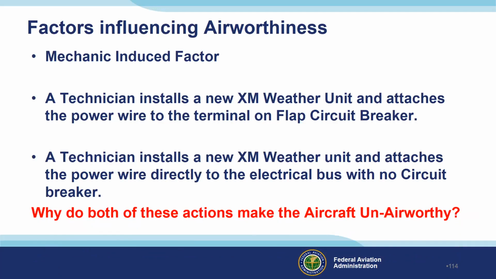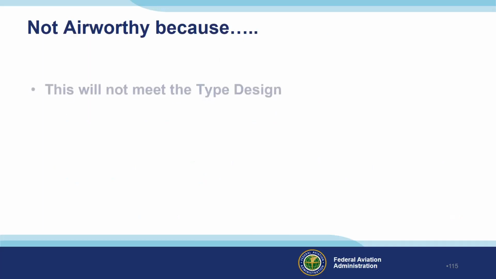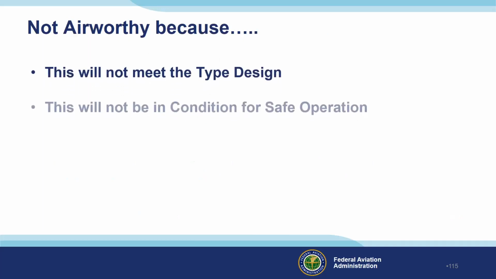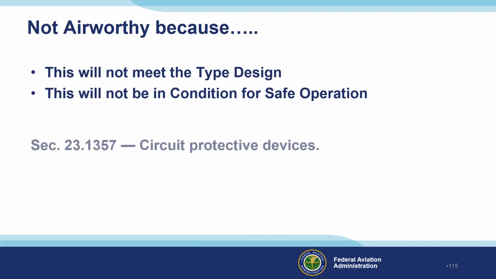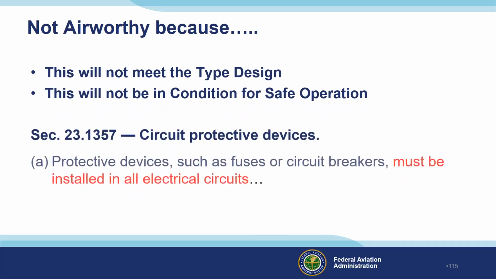Boy, have you ever looked behind the panel and seen about four terminals on a circuit breaker? I have. You wonder, where are all these wires going from one circuit breaker? Well, it's not airworthy, does not meet the type design, and it will not be in condition for safe operation.